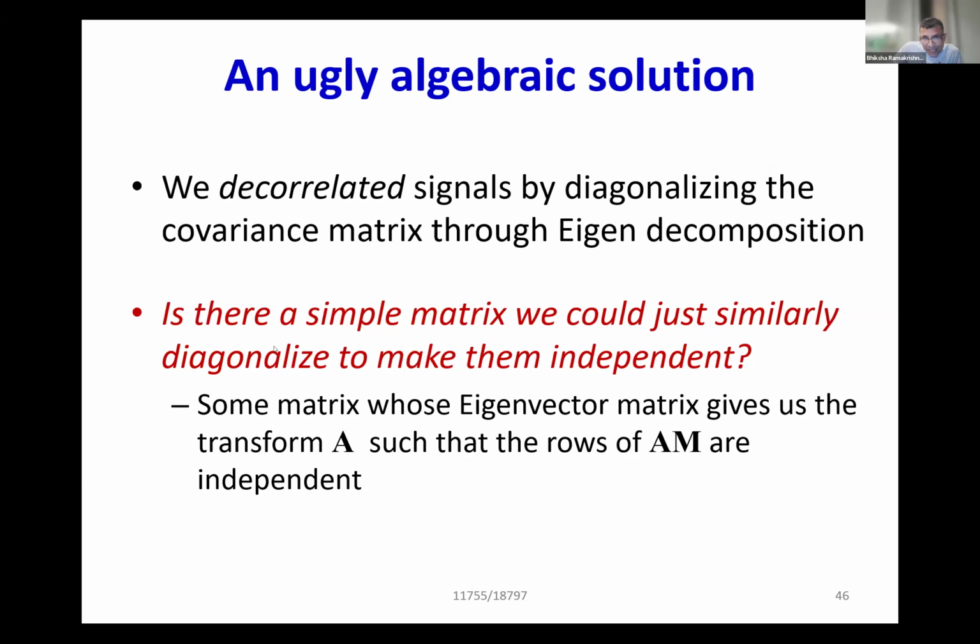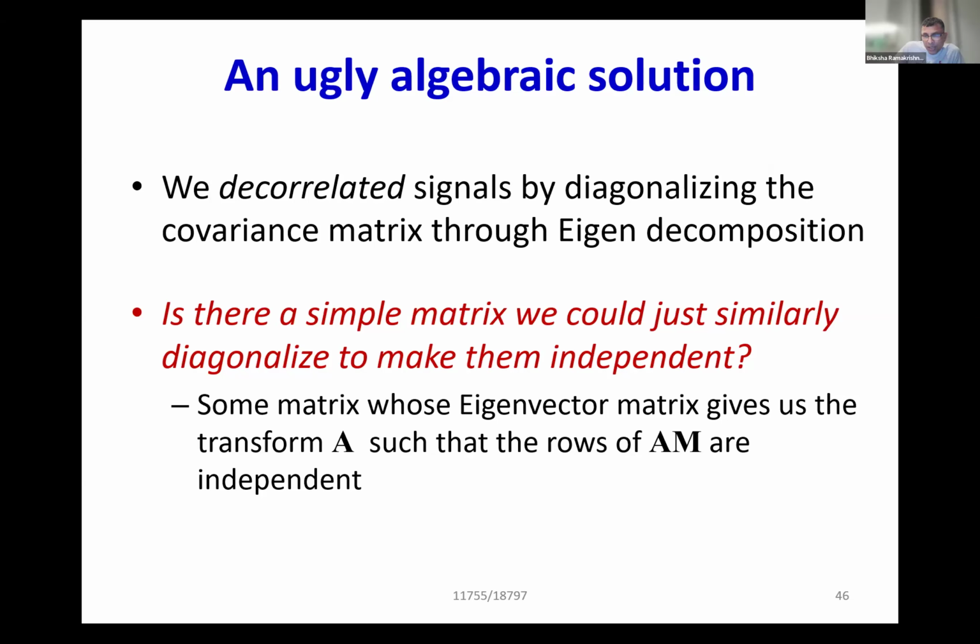Our question is, is there a simple matrix we could similarly diagonalize to make them independent? Some matrix whose eigenvector matrix gives us the transform A such that the rows of AM are statistically independent. Are these statements making sense? Yes, they are.